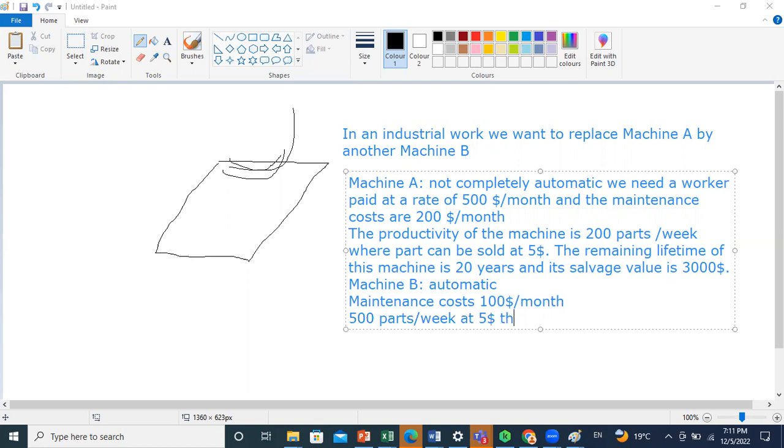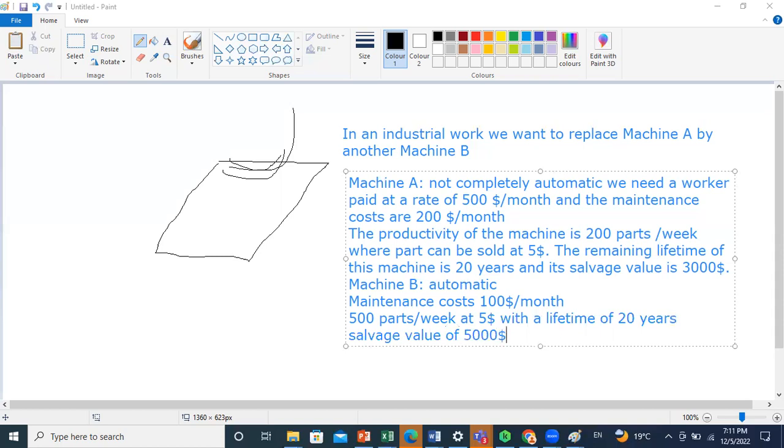The lifetime is also 20 years, with a salvage value of $5,000.